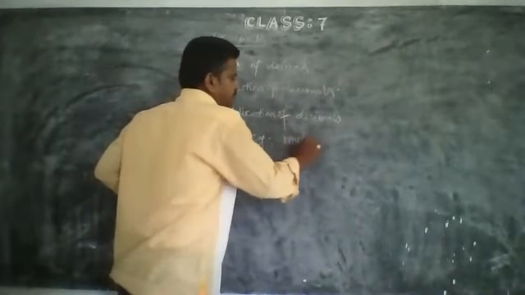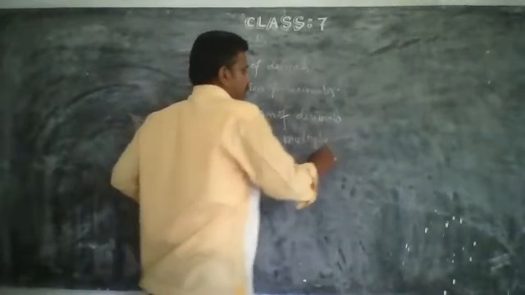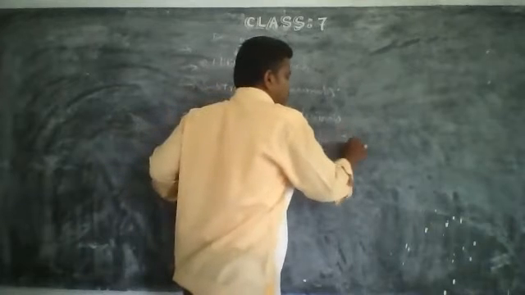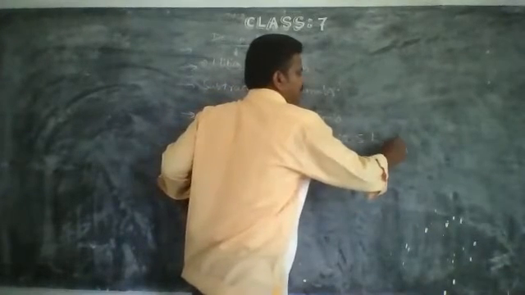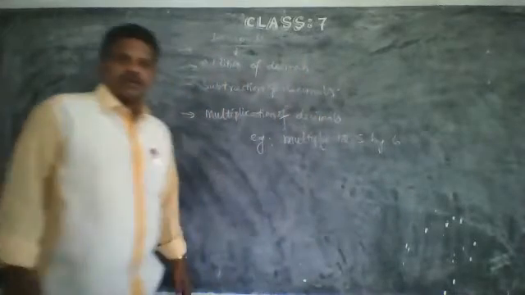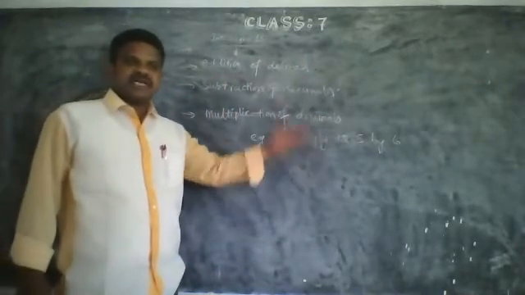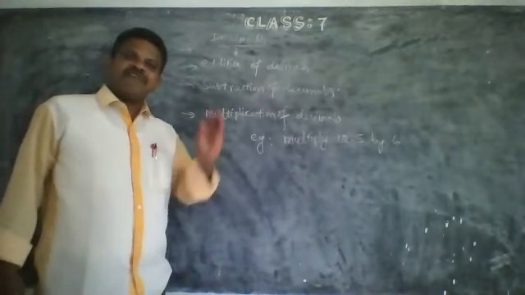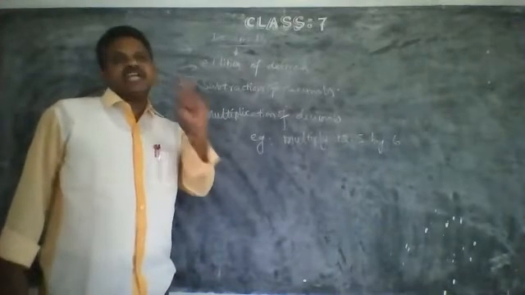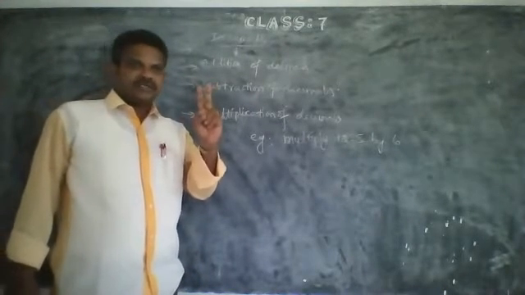Okay, then we take one example. Multiply 12.5 by whole number 36. One is a decimal number, the other one is a whole number. So you know in every multiplication there are two terms, right?